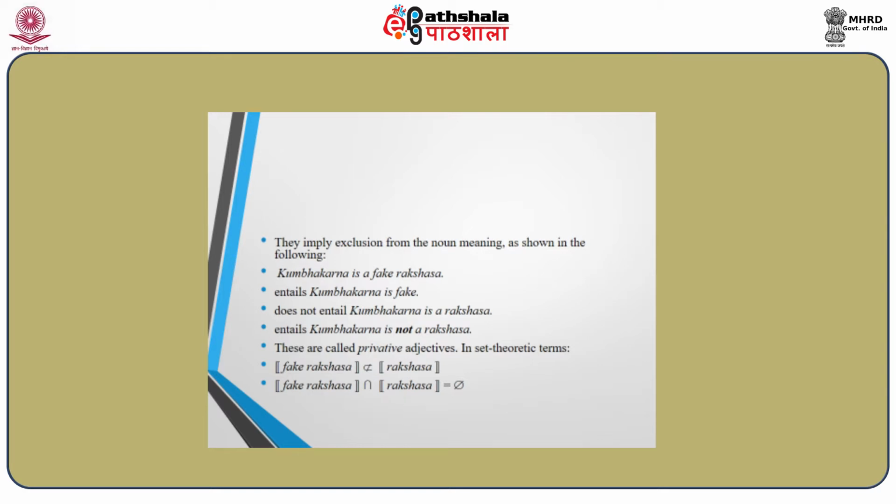These are often called privative adjectives. In set theoretic terms, fake Rakshasa is not a subset of a Rakshasa. In fact, the intersection between fake Rakshasa and the Rakshasa is the empty set.